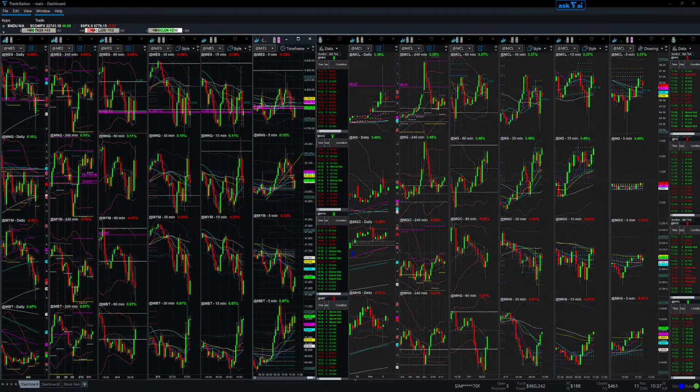Yeah, I'm going to have to do something about this ORB code. It is not ready for prime time. This reversal code is doing pretty good.